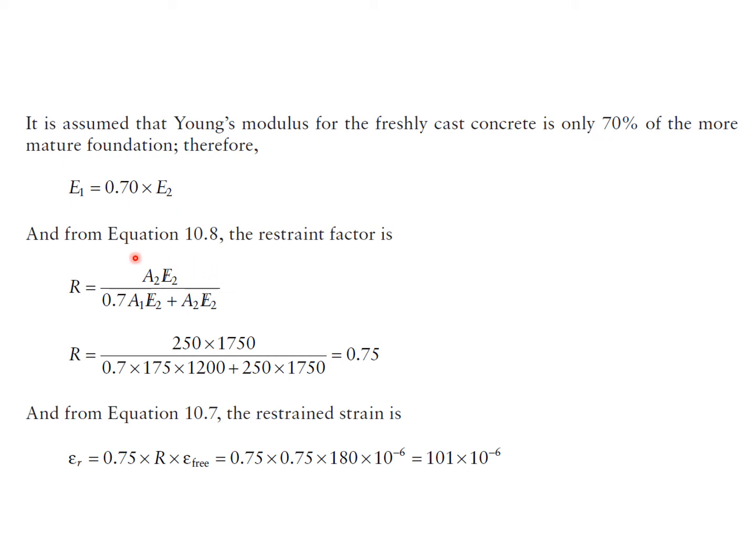So if we just input these data into here, that's the area of the slab, and that's the area of the wall. We can work out a restraint factor of 0.75. And then from the basic design expression, we can work out the restrained shrinkage strain, which comes out at 101 microstrain.